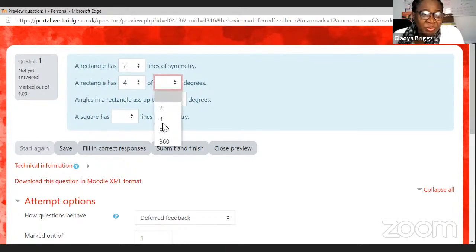I think that question needs to be corrected. Angles in a rectangle add up to, let's see, what did somebody answer? 360 degrees. A square has four lines of symmetry. Okay, so those are the answers for that one.